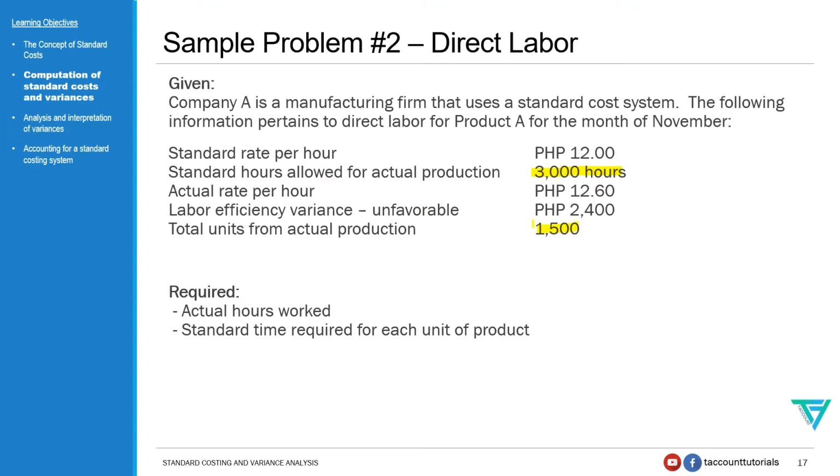So 3,000 divided by 1,500 gives us the standard time required for each unit of product of 2 hours. So that's basically our answer already for the second requirement. For the first requirement, actual hours worked, we just have to perform a work back analysis here.